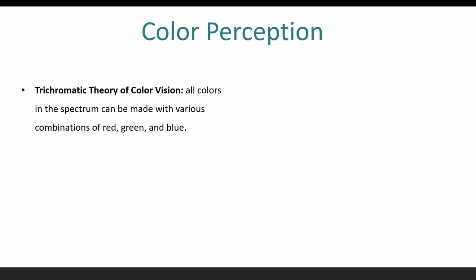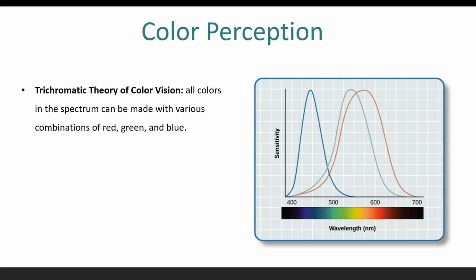And then how we see color, or how we perceive color, involves the trichromatic theory of color vision. And in this theory, all colors in the spectrum can be made with various combinations of red, green, and blue. And so with a combination of these three colors, we get the multiple different colors within our wavelength.